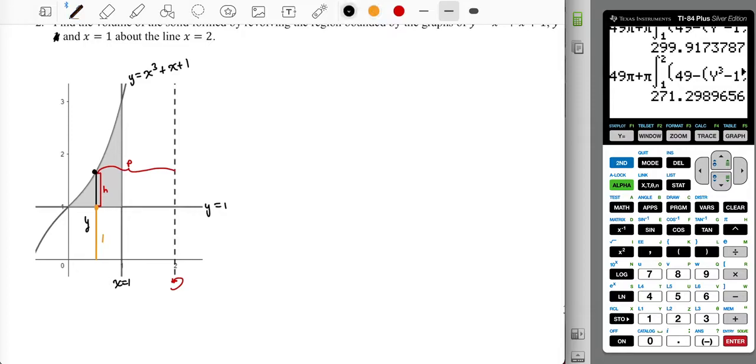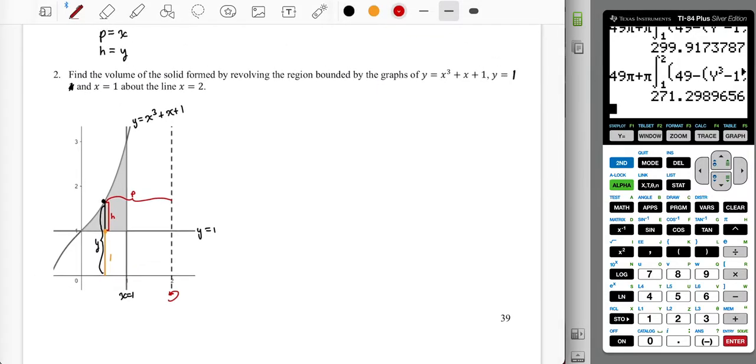So the whole thing is y units. The part that I don't want is 1 unit, so that tells me that h is going to be y minus 1.